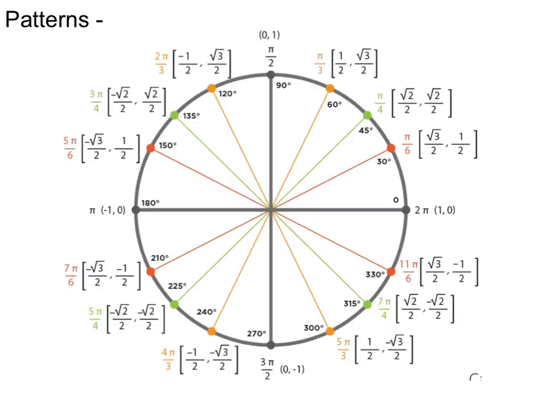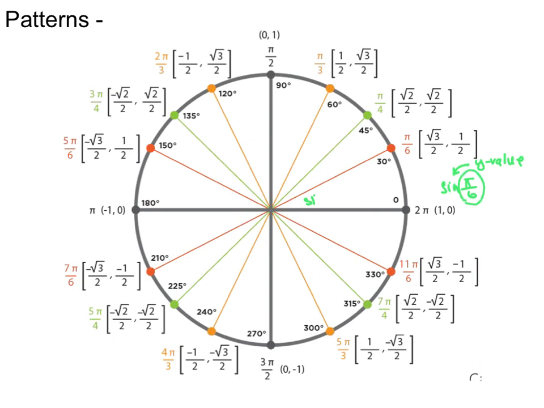So what that means on the unit circle is this. If I'm asking you the sine of, I'm going to write it off to the side here, sine of pi over 6. What it means is this. You know that sine represents the y. So what I'm looking for is the y value at the theta value of pi over 6.